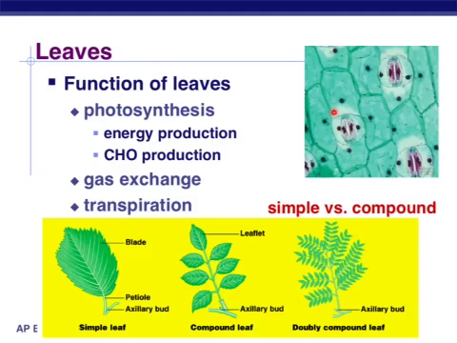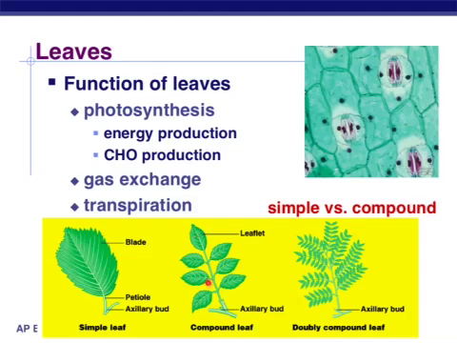Now, leaves can be broken down into two big categories, what we call simple leaves versus compound leaves. Simple leaves are just one large leaf on one petiole attached to one axillary bud, whereas compound leaves are several individual little leaves, each one's called a leaflet, that come off of an axillary bud.